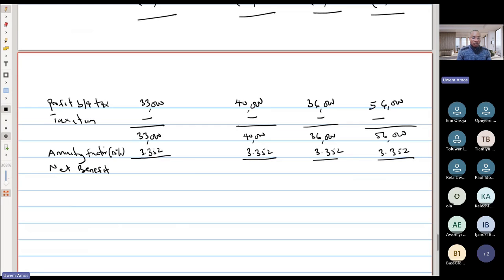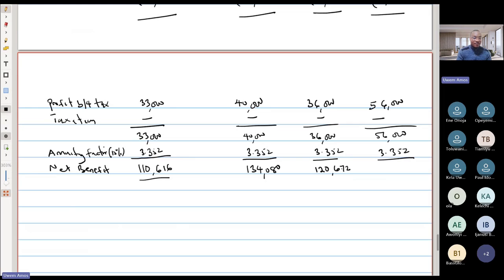Okay, so let's get a calculation in quickly. 33,000 multiplied by 3.352, which is 110,616. 40,000 multiplied by 3.352 is 134,080. 36,000 multiplied by 3.352 is 120,672.